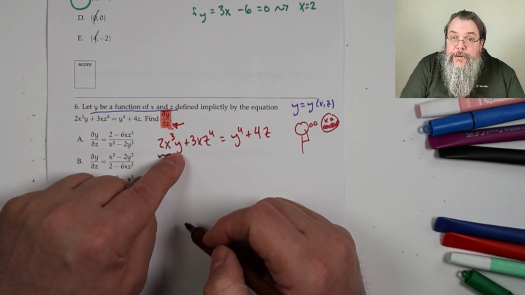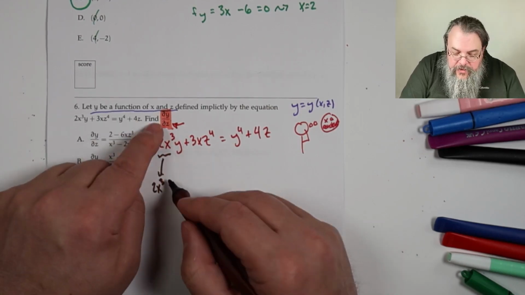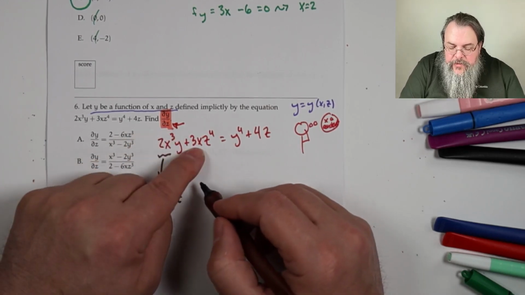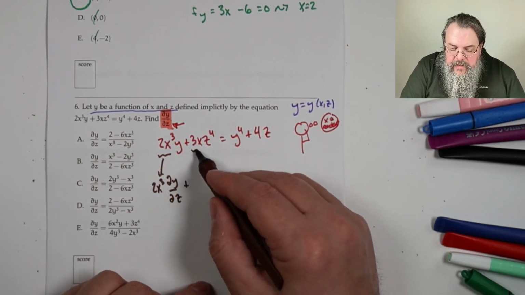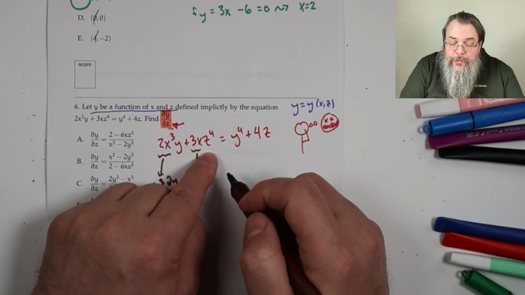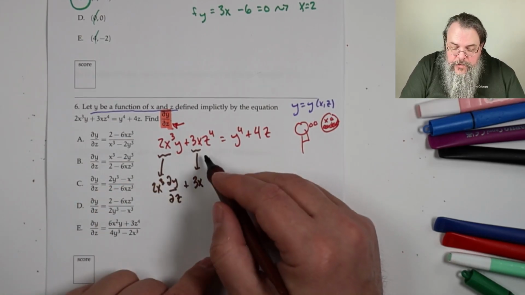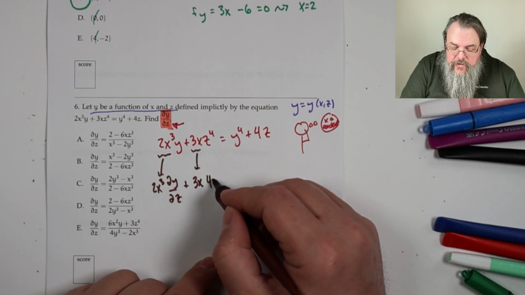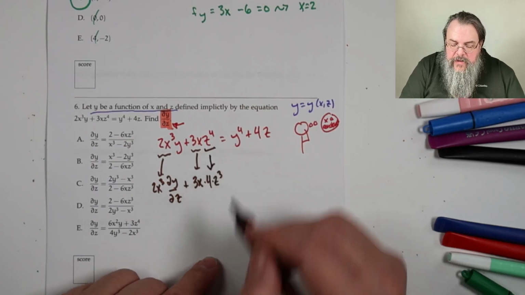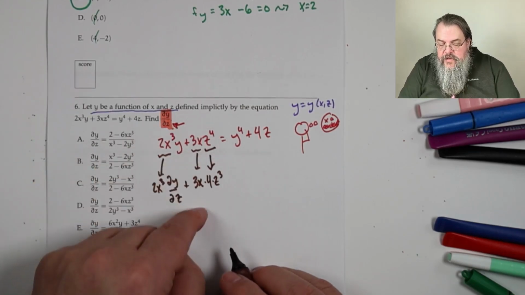The derivative of y with respect to z is the derivative of y with respect to z. The 3x is a constant. Constants just come down. The derivative of z to the fourth with respect to z will be 4z cubed. Constant derivative.